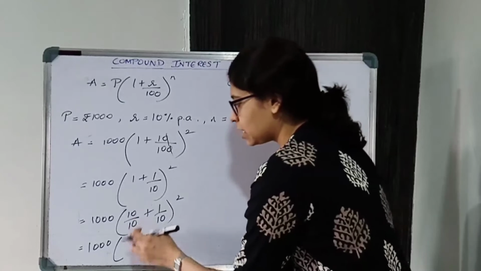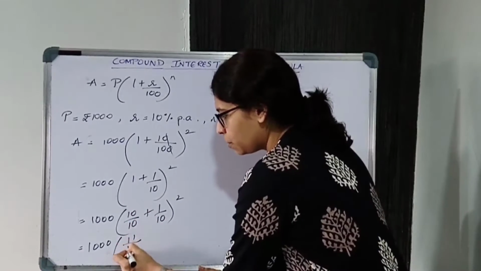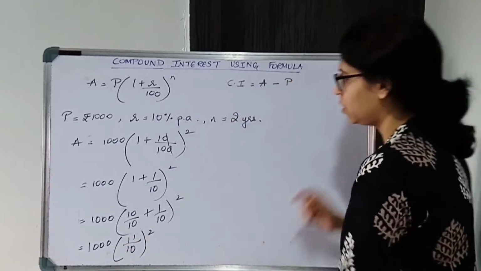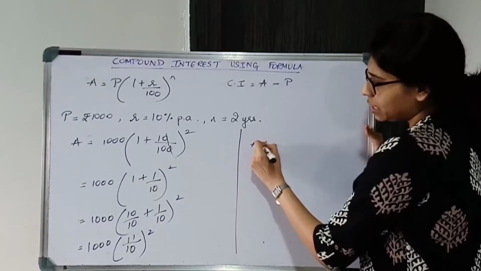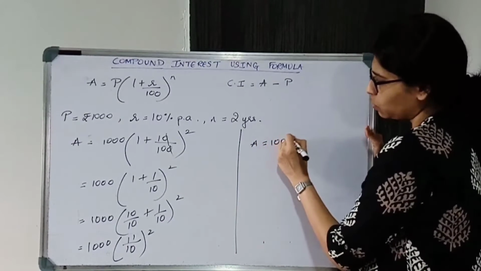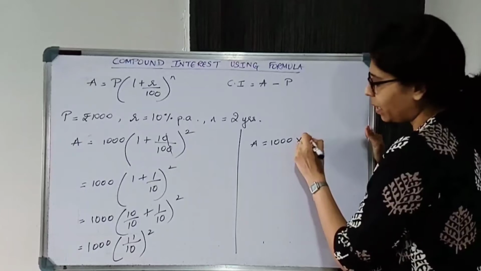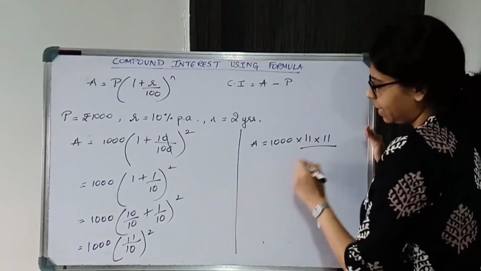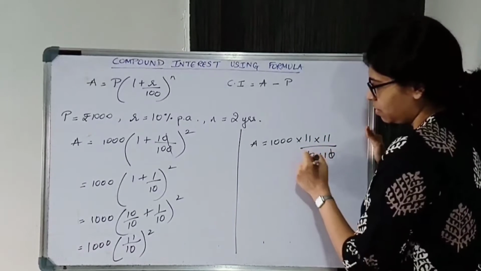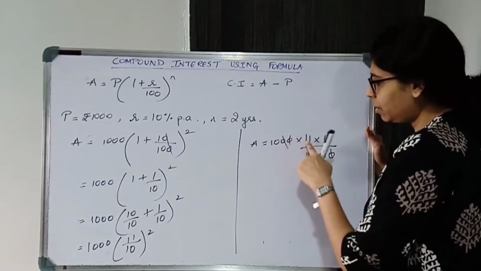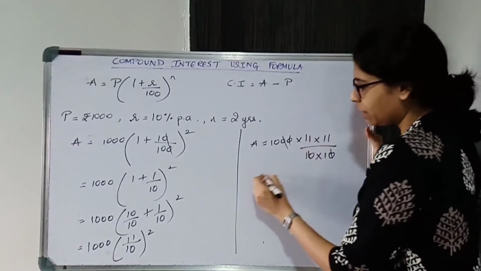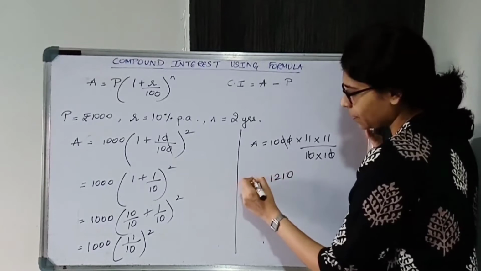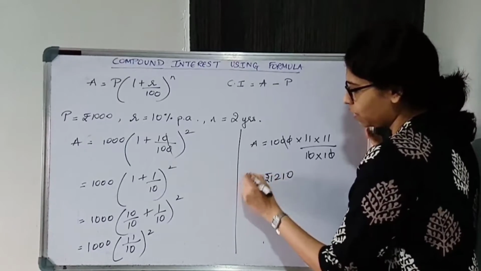So 1 into 10 gives 10. So 10 upon 10, 11 upon 10 raised to 2. So amount is equal to 1000 into 11 square, I can write like this, and 10 square is 10 into 10. So 10 into 11 into 11, 11 into 11, 121 into 10. So amount is rupees 1210.